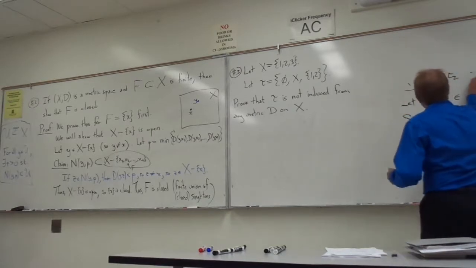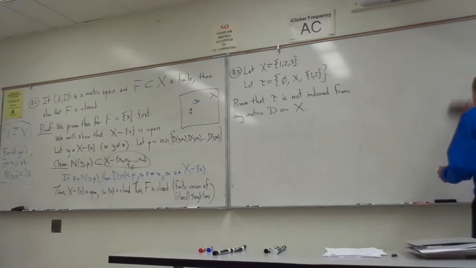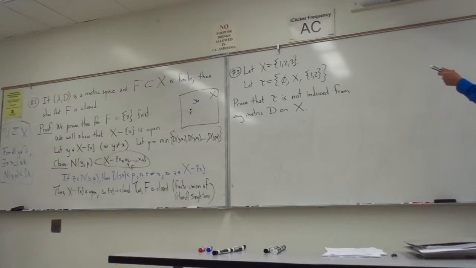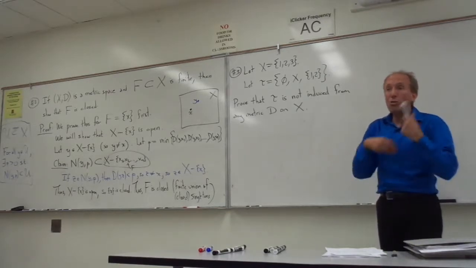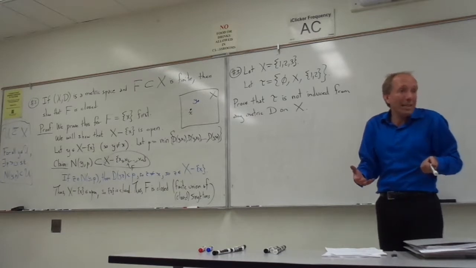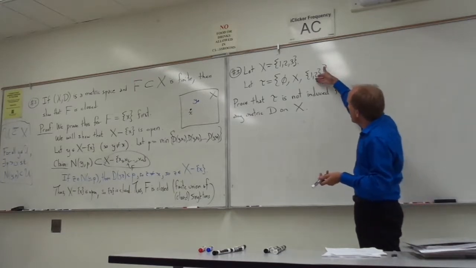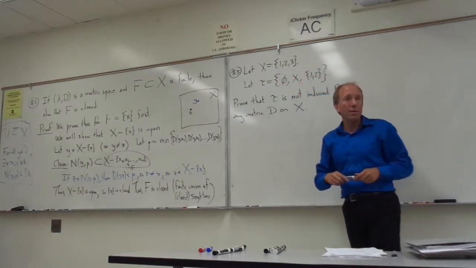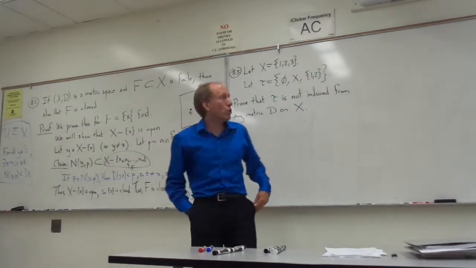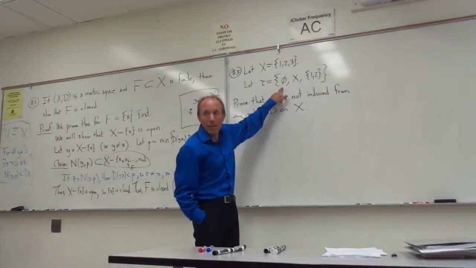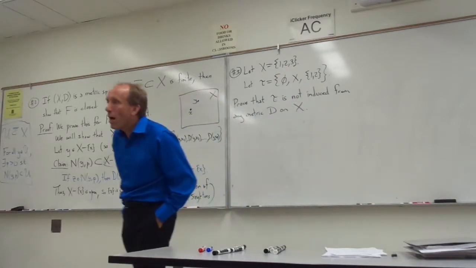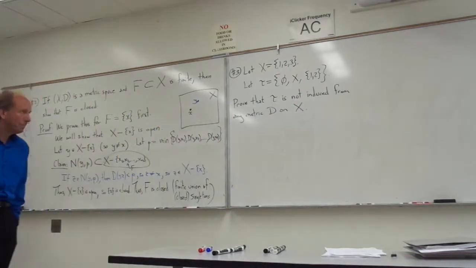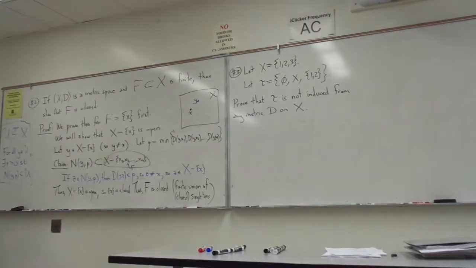So I claim that there's no way to put a metric on this set in such a way that the unions of neighborhoods that you would make would give you exactly these 3 things. Of course, you have the empty union here, and then somehow these would be unions. I'm claiming this is impossible, to have just that only.